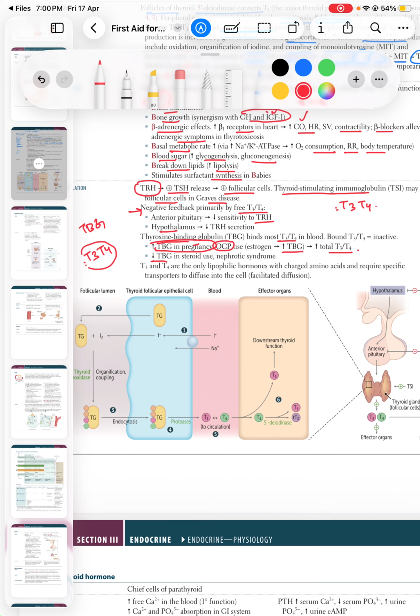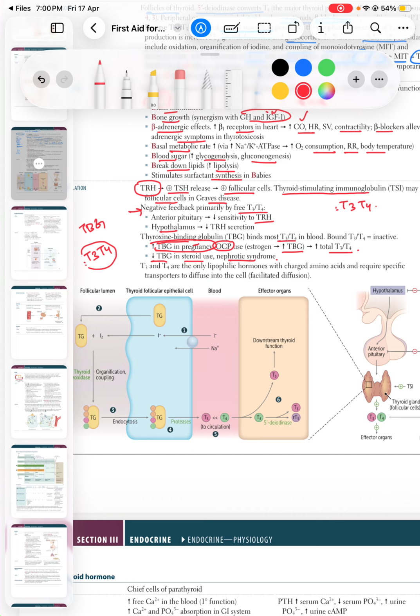It is decreased in steroid use and nephrotic syndrome. Whenever the patient is using steroids, or is going through nephrotic syndrome, the thyroxine binding globulin proteins are decreased in the blood, so the T3 and T4 cannot bind to it. So most of the T3 and T4 are in free active form, and it can lead to hyperthyroidism.